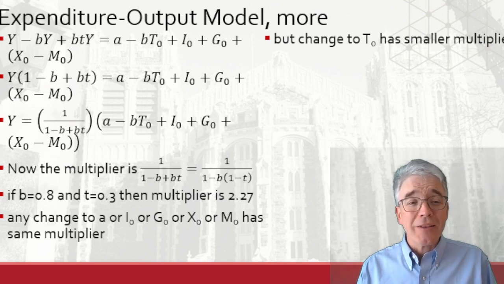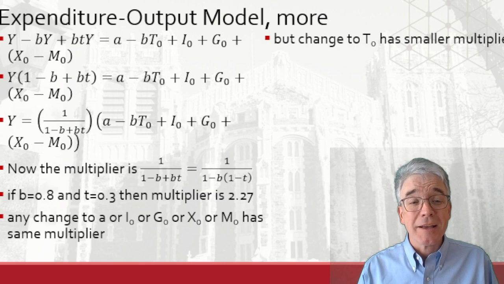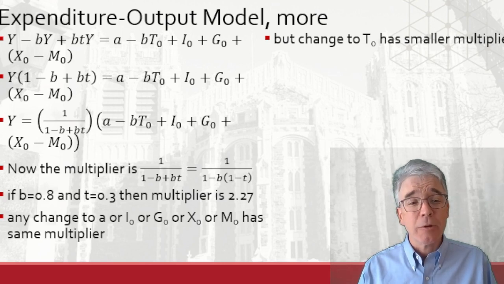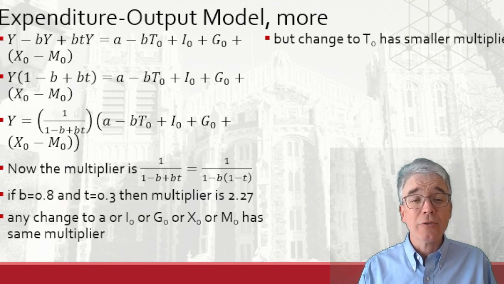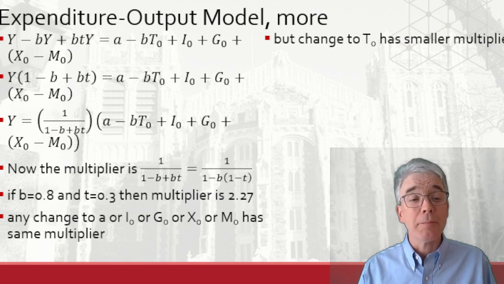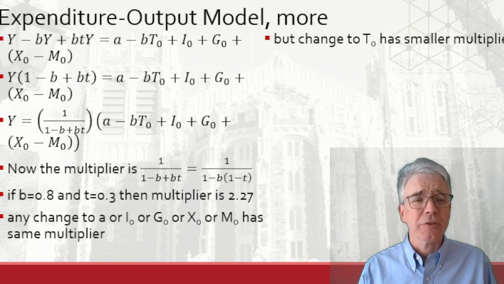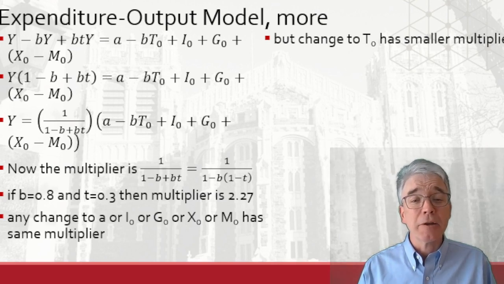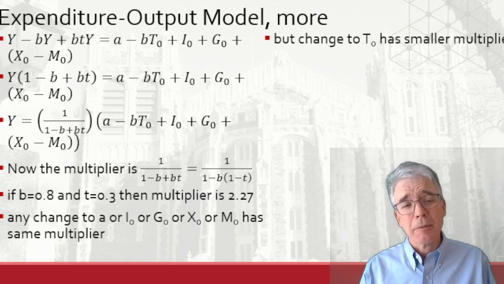Take out the y on the left-hand side, form y times 1 minus b plus bt. That equals the same collection of terms. Divide through by the coefficient of y, so the equilibrium value of y is 1 over 1 minus b plus bt, multiplied by all that remaining stuff. A minus b t naught plus I naught plus G naught plus X naught minus M naught.